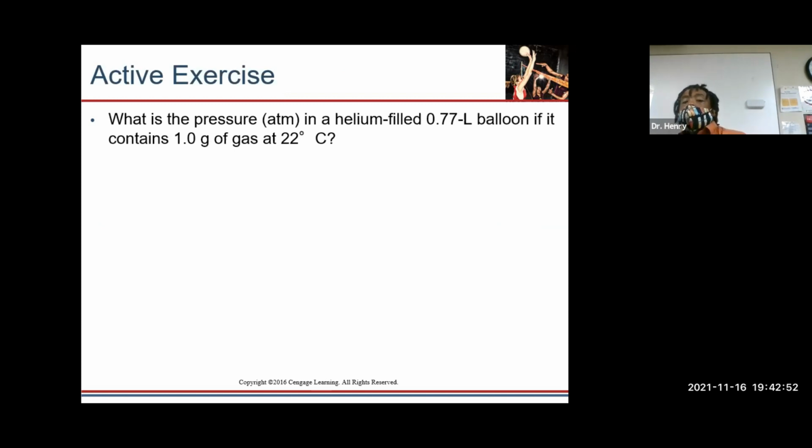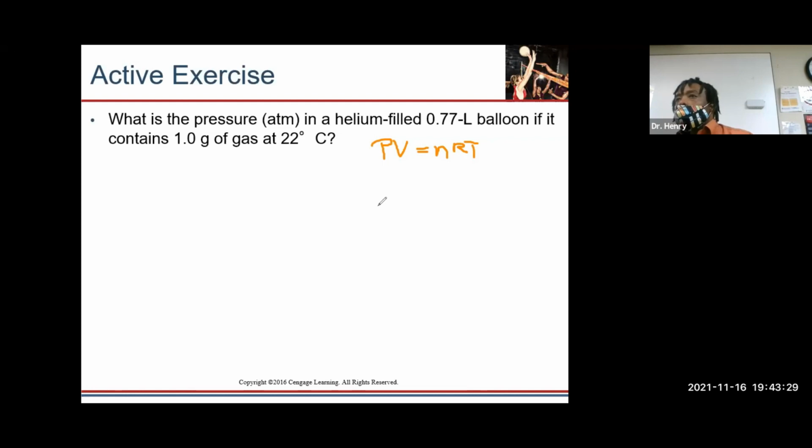Let's say, what is the pressure in ATM in a helium-filled 0.77 liter balloon if it contained 1.0 grams of gas at 22 degrees Celsius? So we use the ideal gas law, PV equals nRT, which you need to memorize.